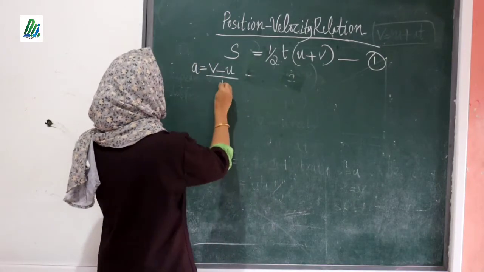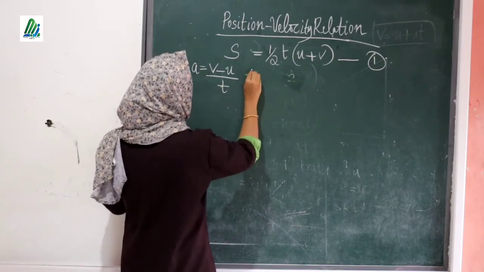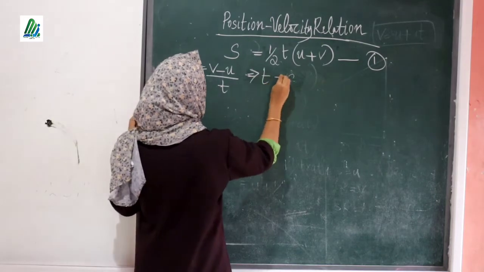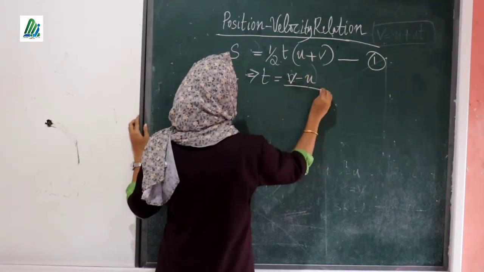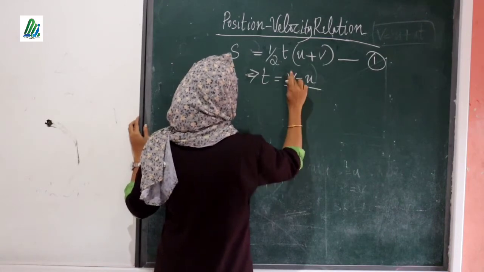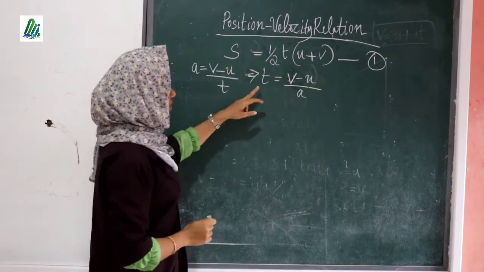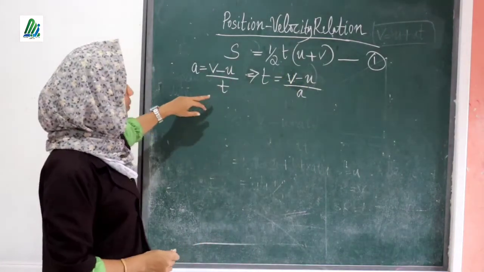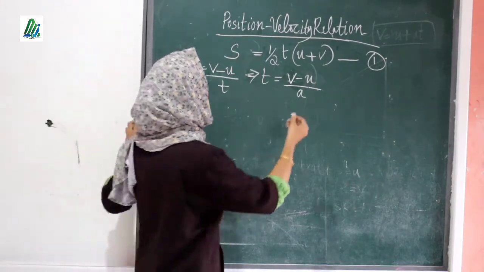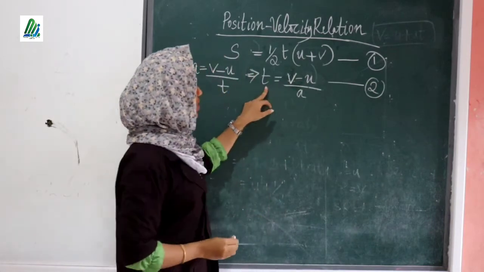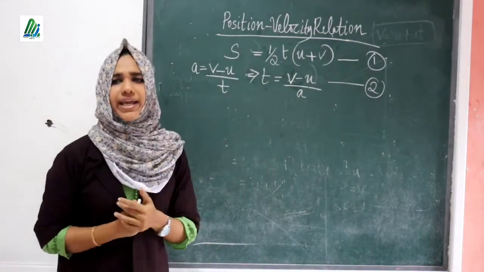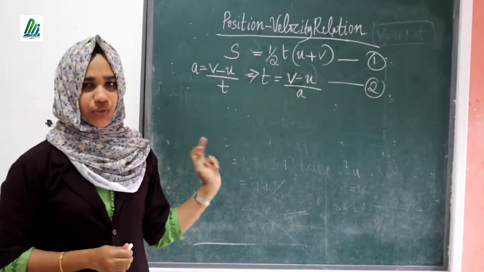I am rewriting this equation as t is equal to v minus u by a. Put this equation t is equal to v minus u by a as equation 2.